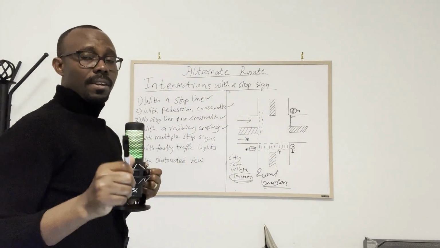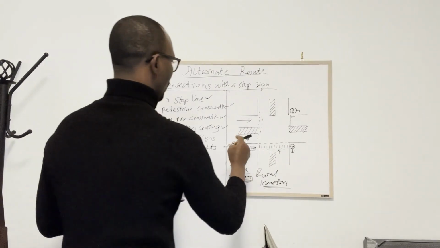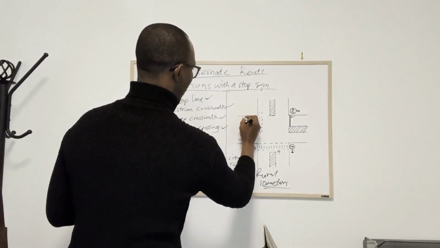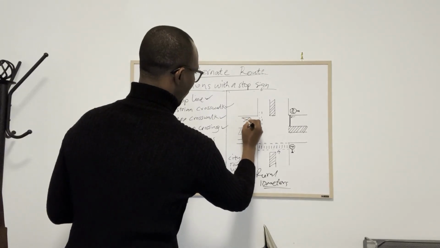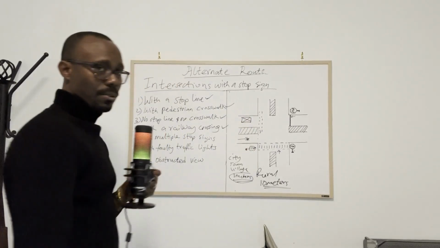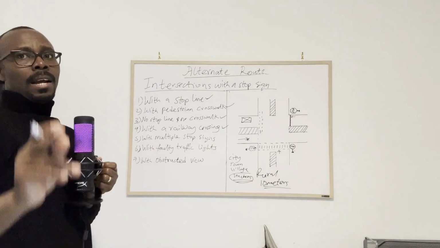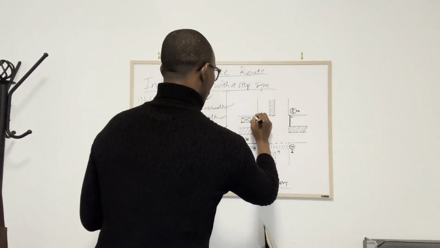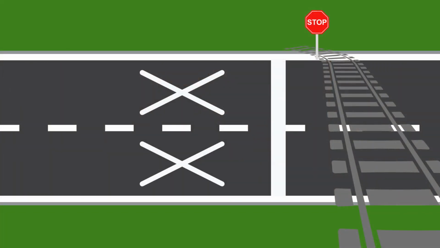What you will observe in most of these intersections is that there will be a big X marked on the road like this. Now, at this intersection, in some instances, you will also have a stop line like this.